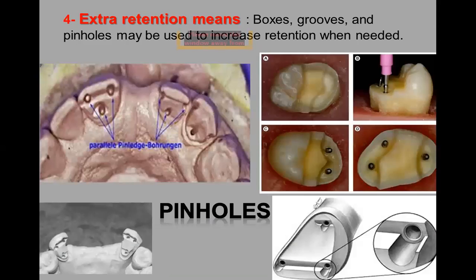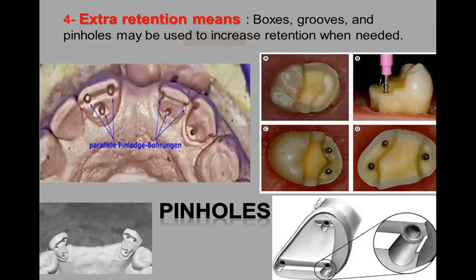Now, if the tooth is short and our preparation was tapered or sloped so there will be no retention, we can solve the problem of retention by using extra retention means, by doing pinholes or boxes or grooves.